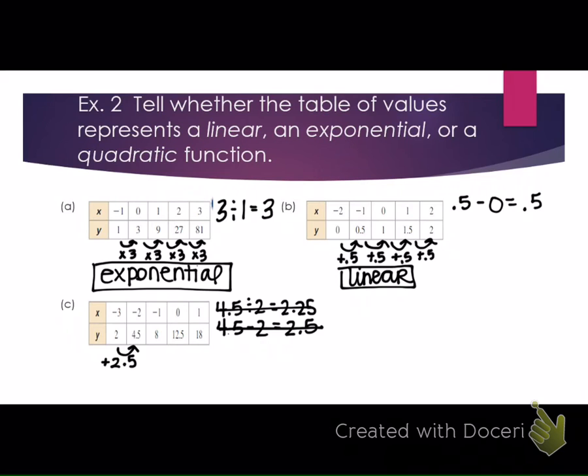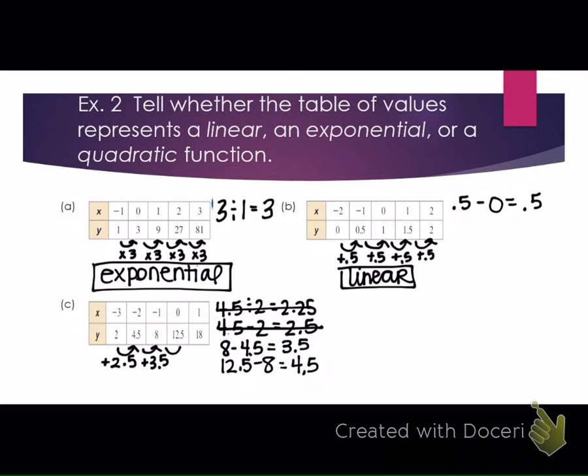Then I've got to take 8 minus 4.5. Remember, we have to take the next term on the chart minus the term in front of it. So that gives me 3.5. So next, I'm adding 3.5. Then I'm going to do 12.5 minus the 8 in front of it. So I've got 12.5 minus 8, and that gives me 4.5.